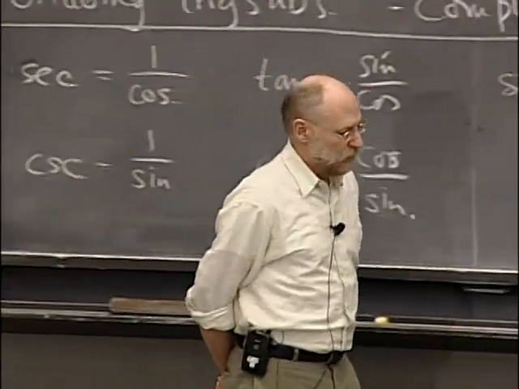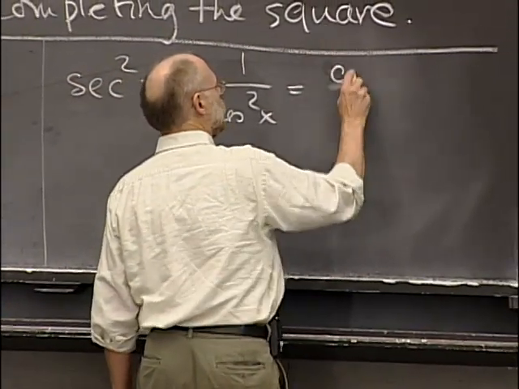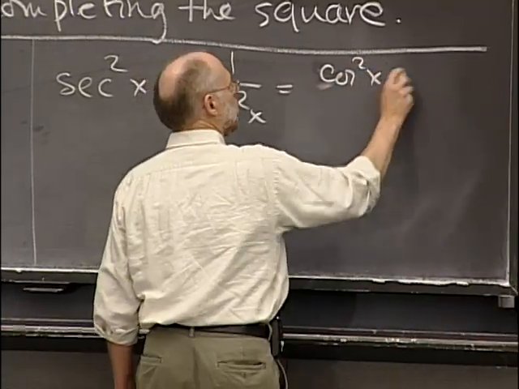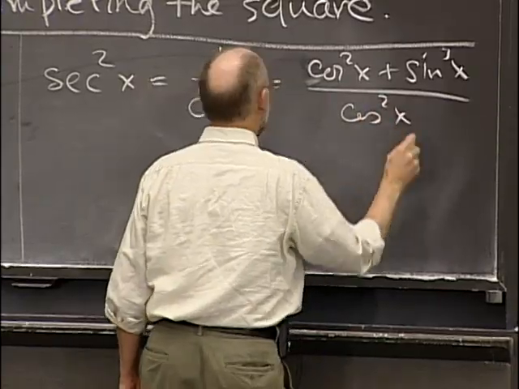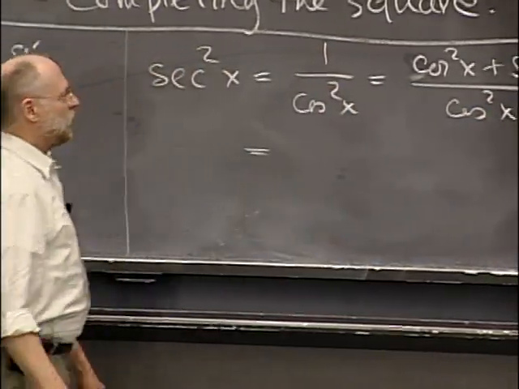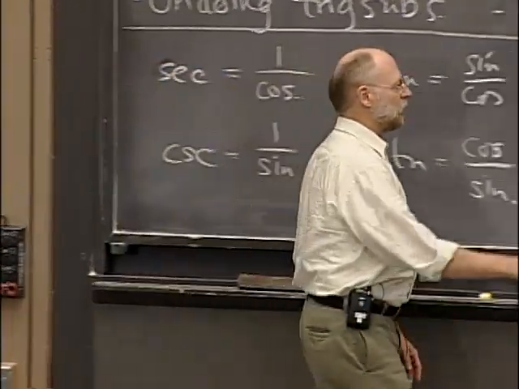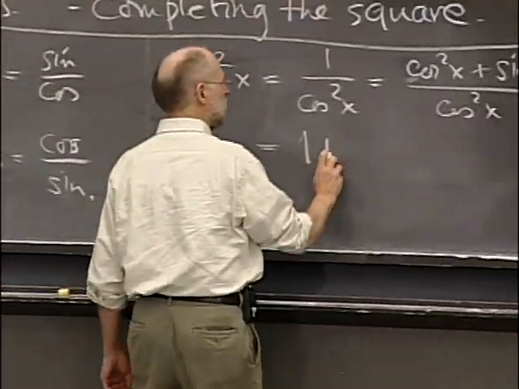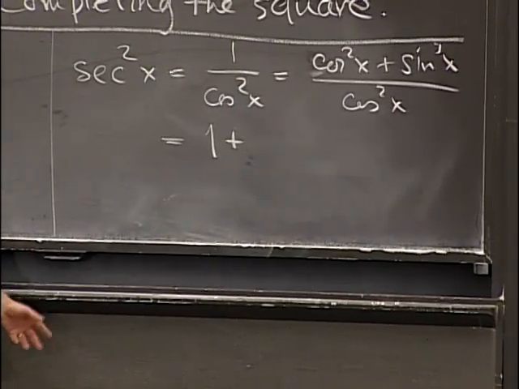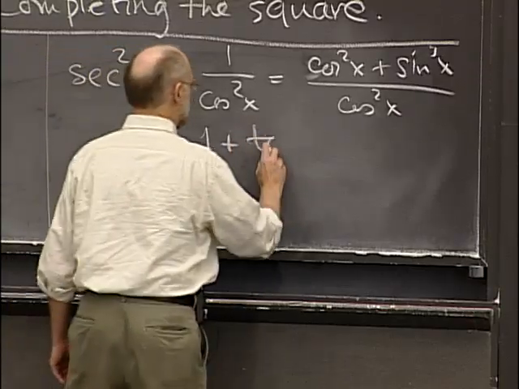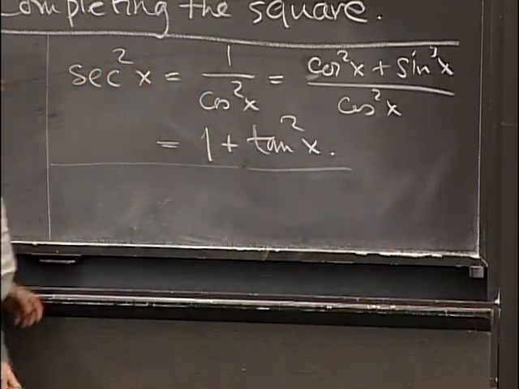And whenever you see a 1 in trigonometry, you'll always have the option of writing it as cosine squared plus sine squared. If I do that, then I can divide the cosine squared into that first term, and I get 1 plus sine squared over cosine squared, which is the tangent squared. So there you go. That checks the first one.